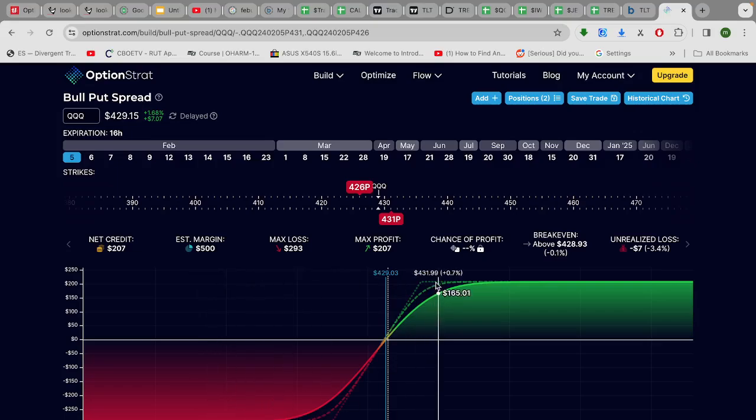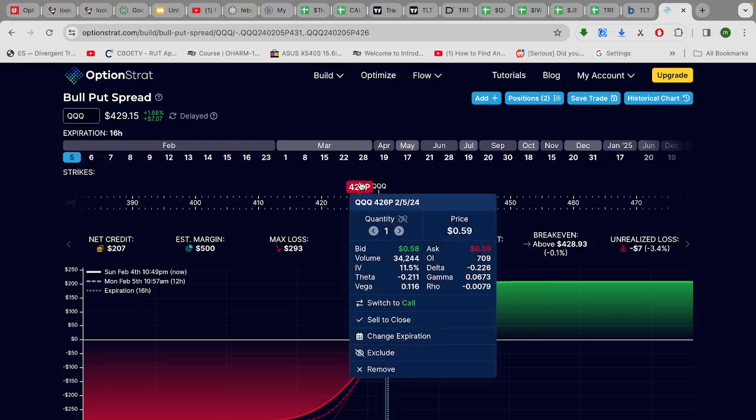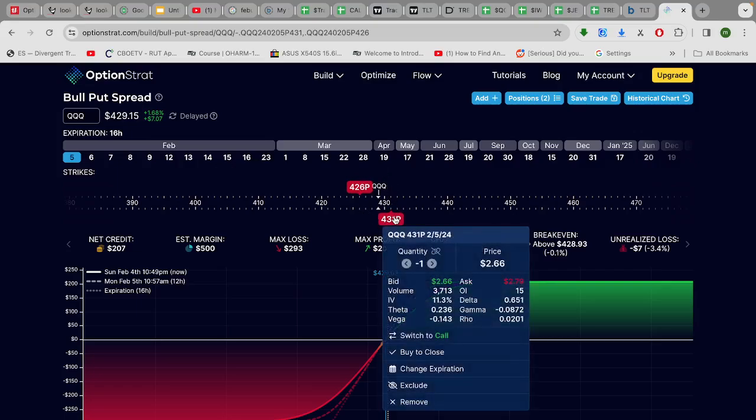Okay, now the reason it's $419 is the difference between the strike prices, which is 431 and 426, which is 5. The most you could lose is 5, and then because it's in the money and you receive a credit, you can't even lose 5.